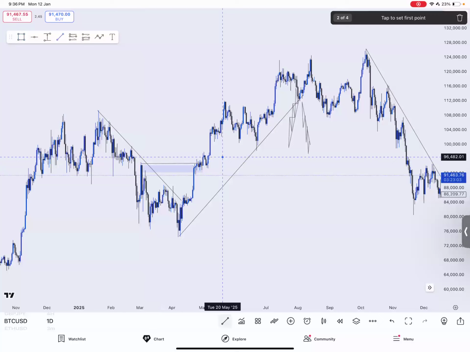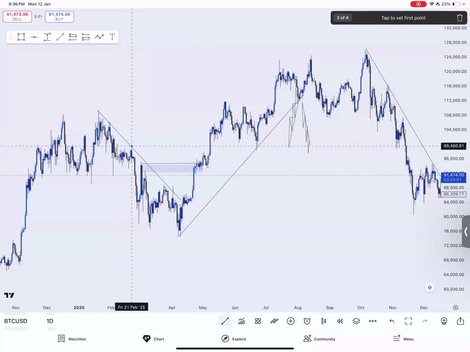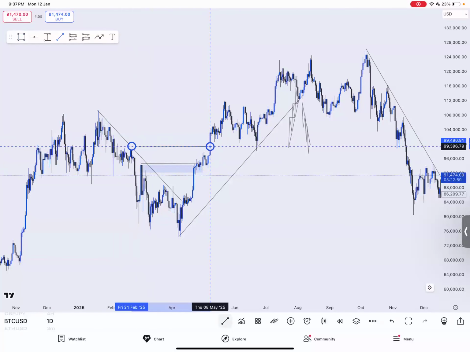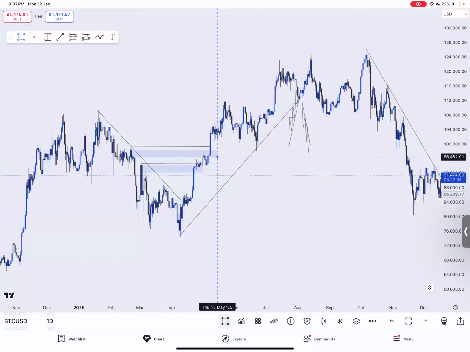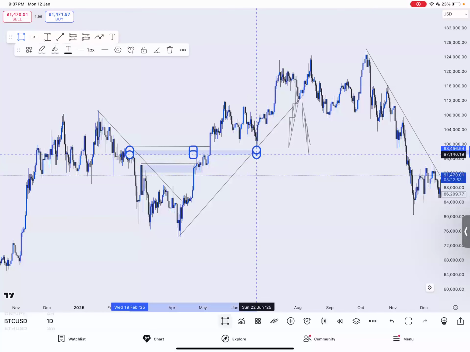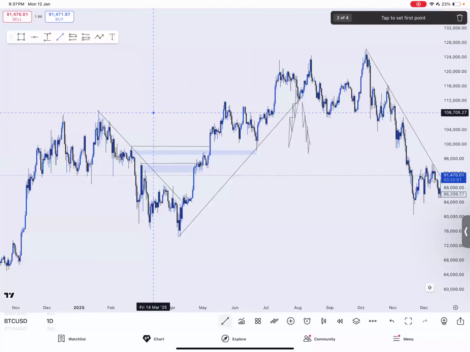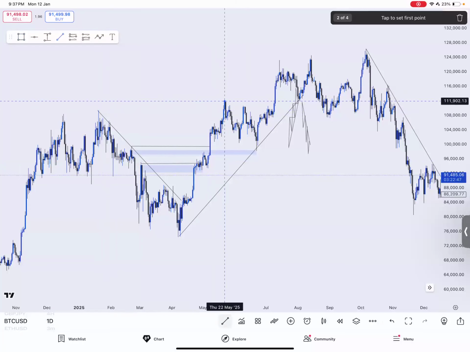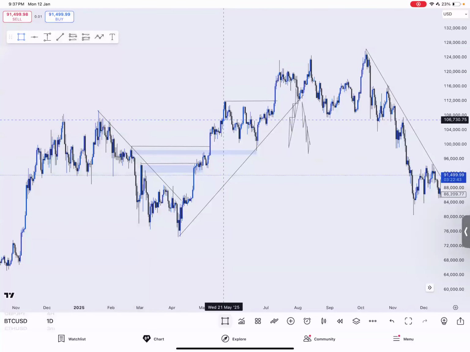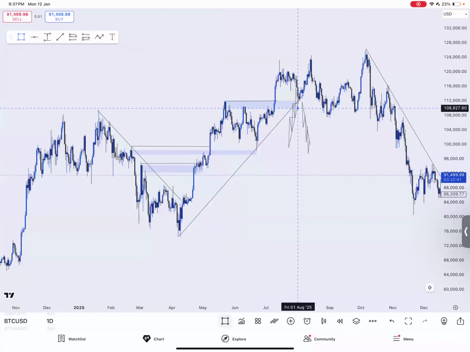As price came here and broke this external zone as well, I would expect price to also pull into this zone before more buys can also happen. As price broke this, came up here, broke this high, and also broke this one, I would also expect price to pull into this zone before more buys can also happen.